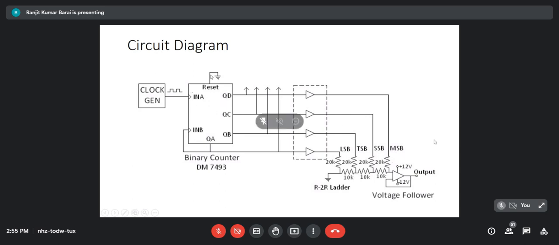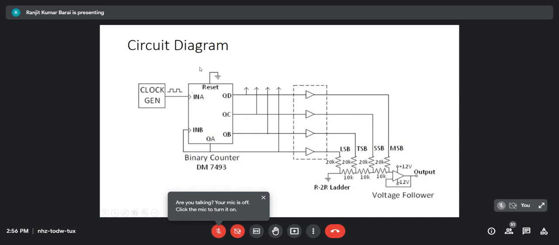It's a binary counter. Whatever it counts, the output will be in terms of binary numbers. So in each counting cycle, it will count from 0000, then 0001, then 0010, then 0011, like that. It will go upward, counting up to 1111. Then it will repeat again 0000, 0001, like that.